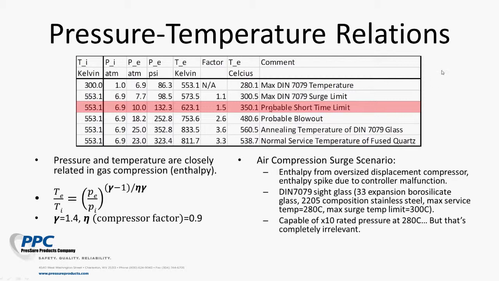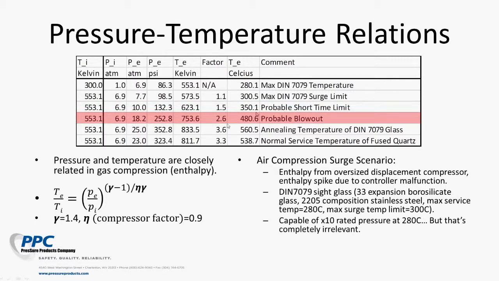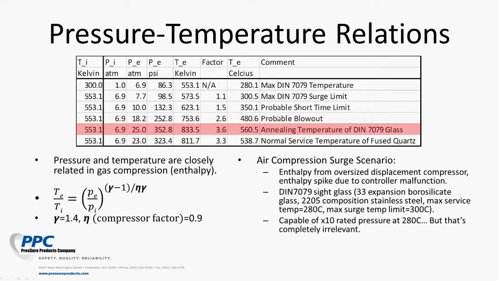And here, at 480 C, which represents only a 2.6 factor pressure spike, you're going to have serious problems. At this pressure level of 3.6, so this is 3.6 times the initial rated process pressure, the temperature is at the annealing temperature of the borosilicate glass specified in DIN 7079, and at this temperature, the borosilicate glass has no capacity to sustain a mechanical load of any kind, so it's unable to hold any pressure at all.